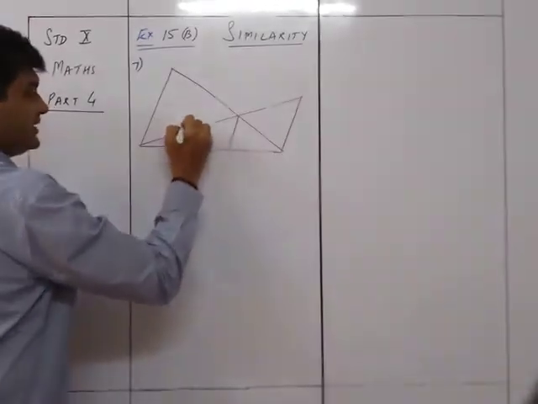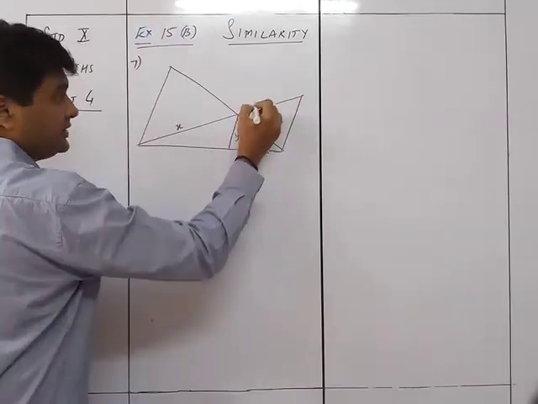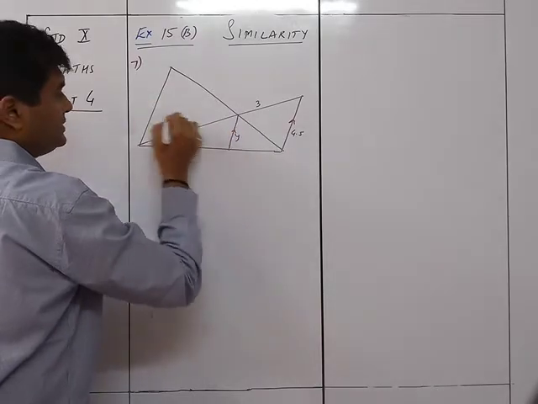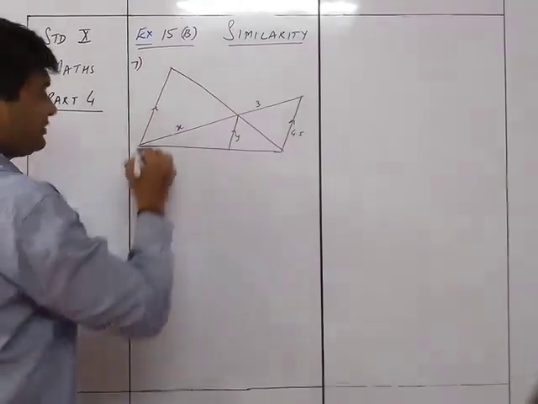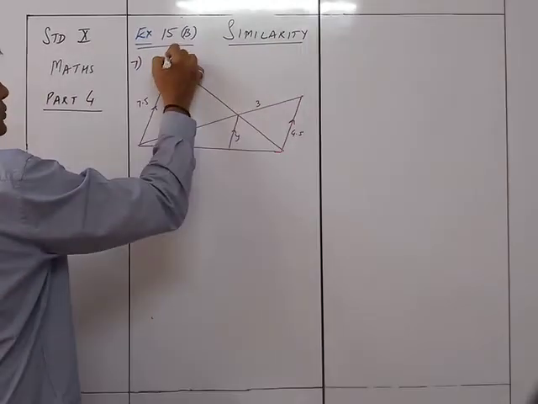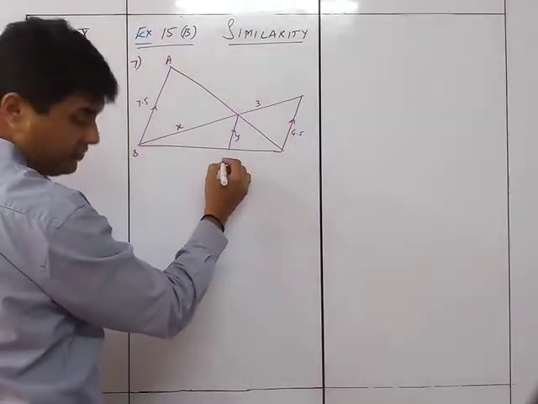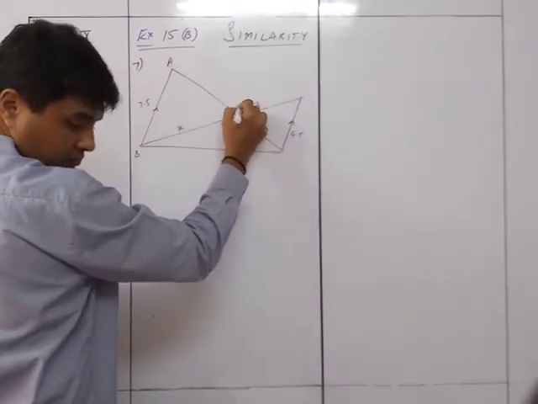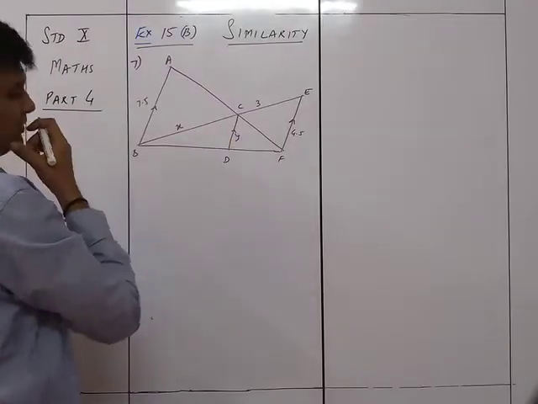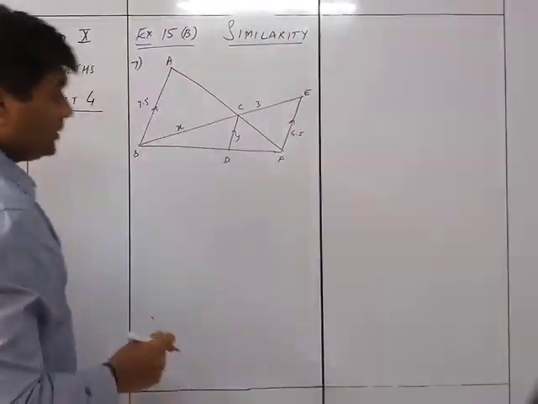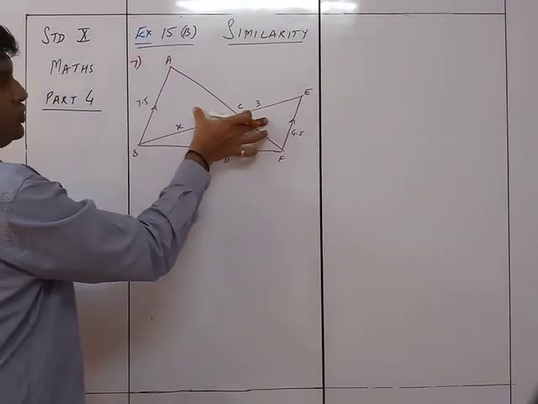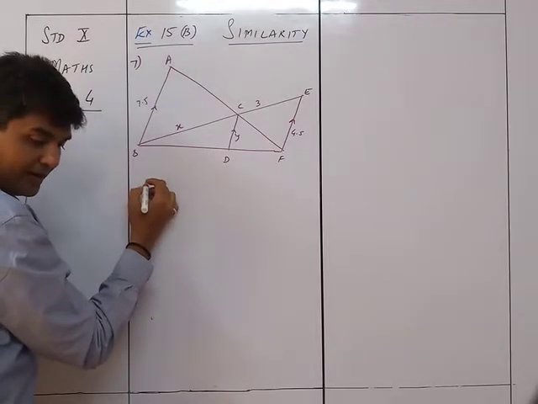This is x, this is y, this is 3, this is 4.5, these are parallel lines, and this is 7.5. I don't think we can use the basic proportionality theorem, because we don't know the parts; right now this is x and 3. So we will take these two triangles first. You need to find the value of x and y.